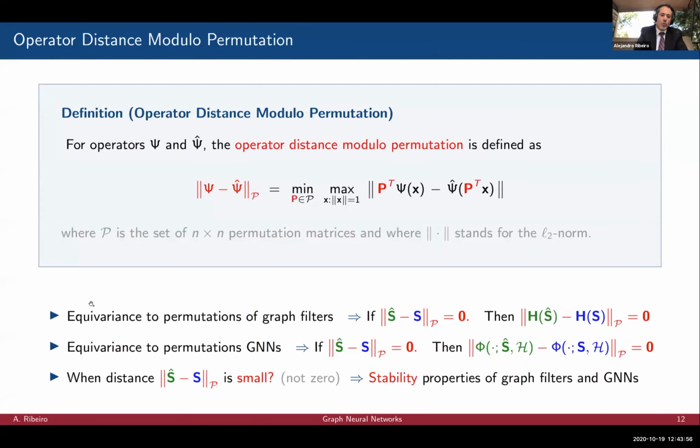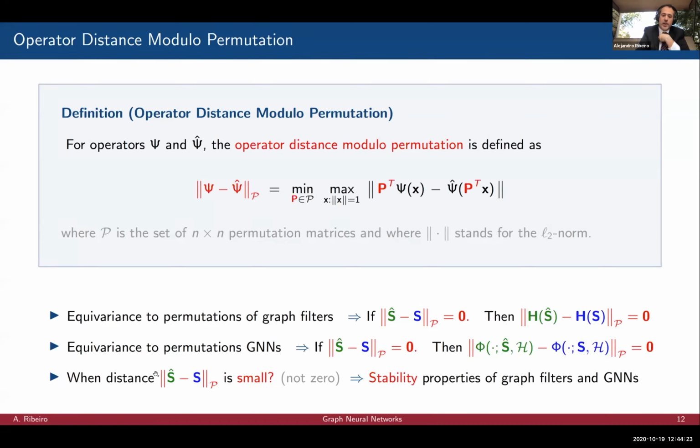What equivariance to permutations of graph filters tells you is that if the distance between your shift operators modulo permutation is 0, meaning if you have perfect symmetry, then the distance between your graph filters modulo permutation is also 0. The equivariance of GNNs tells you that if the distance modulo permutation of your shift operators is 0, the distance between your GNNs modulo permutation is also 0.